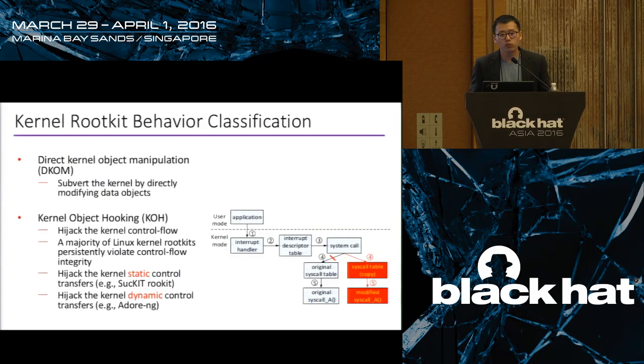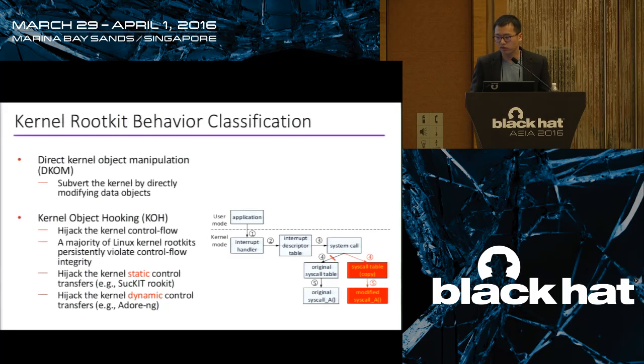We classify kernel rootkit behavior into two types. The first one is direct kernel object manipulation, also known as DKOM. This type of rootkit behavior basically subverts the kernel by directly manipulating the data objects in memory.